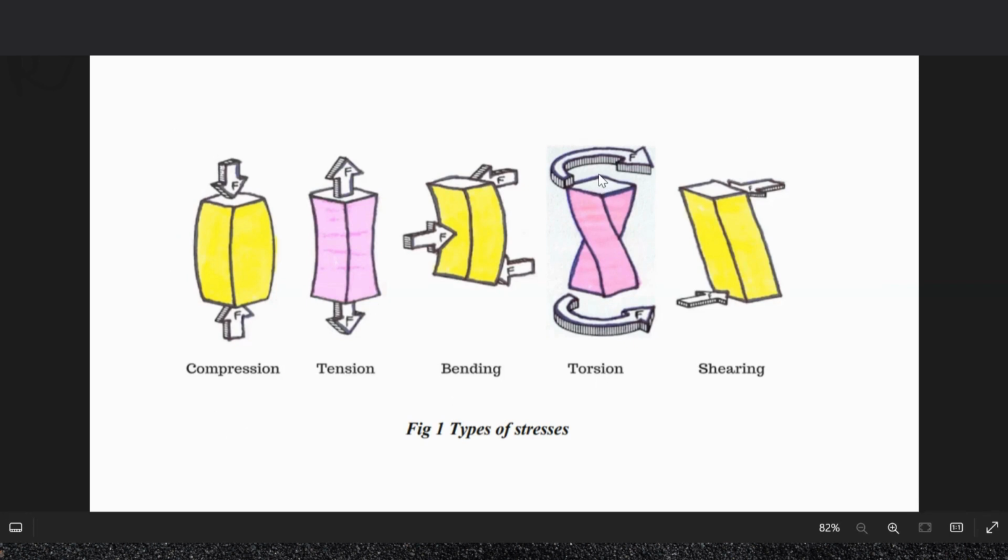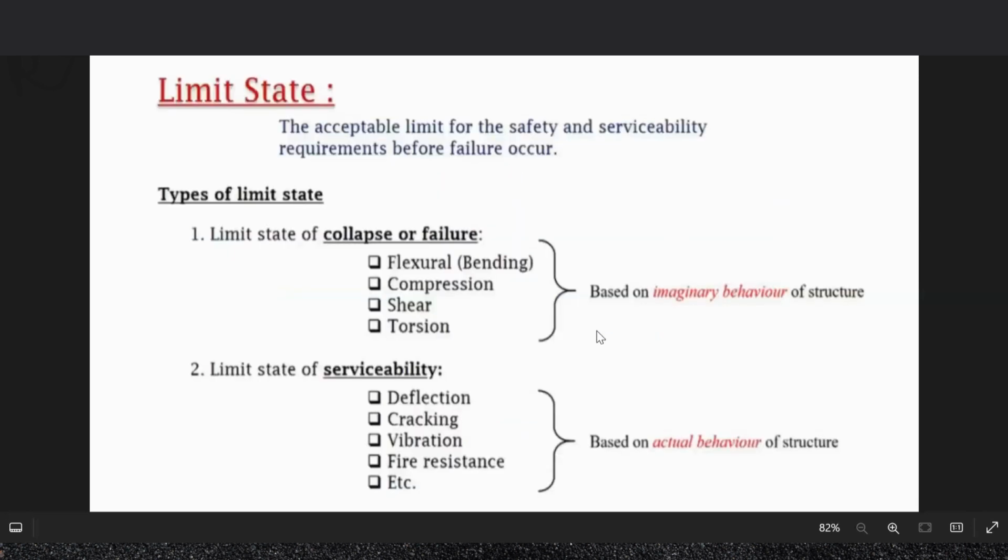Torsion means it is giving you a twisting moment. Shearing, you can assume, is when the movement is happening in a continuous way. So you can see that shearing is there. I have explained the types of stresses in the simplest manner.